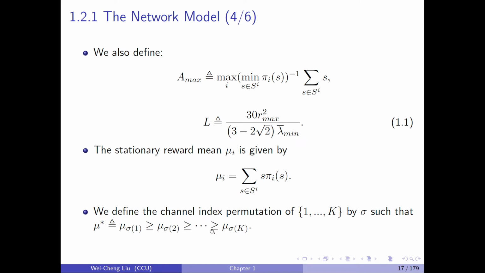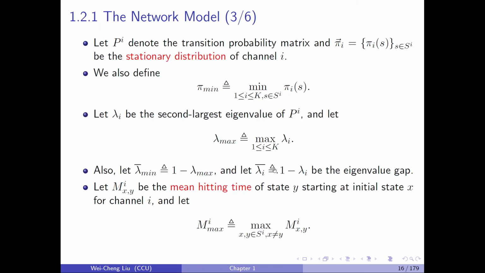which is greater than or equal to mu sigma capital K, and the stationary reward mean mu I is given by mu I is equal to the summation of small s times pi I of small s, where s is in capital Si, and what is pi I of small s?